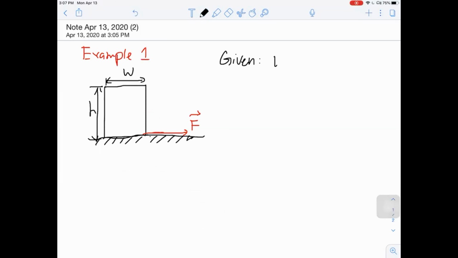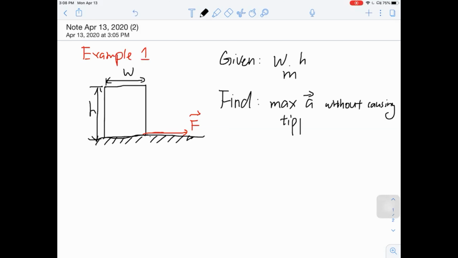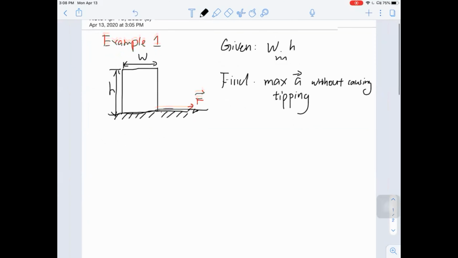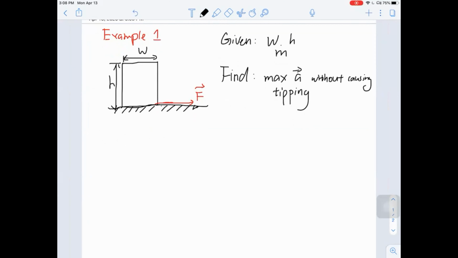We know W, we know H, we know mass. What we don't know is the maximum acceleration without causing tipping. So that's what we try to find.